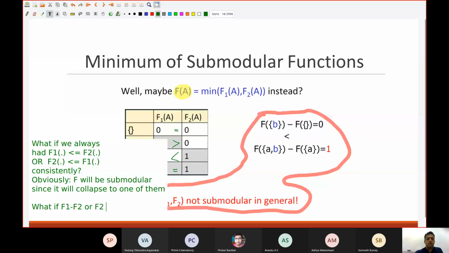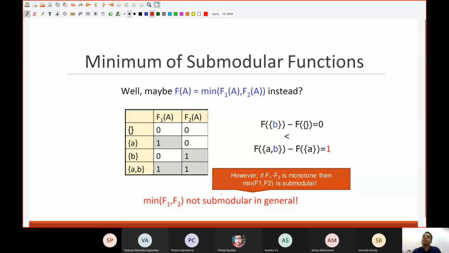So it turns out that if F1 minus F2 is monotone, then min of F1 comma F2 is submodular. So there's slightly more than just one being always greater than the other. Is that clear?